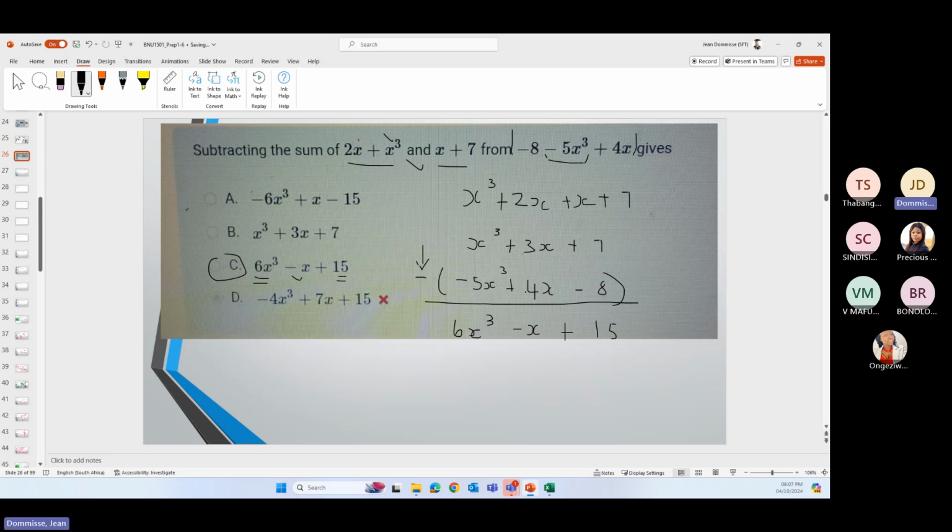That would have been positive, and that would have been minus. So if I swapped it around, I would have gotten option A. So it is very, very simple to make that mistake.